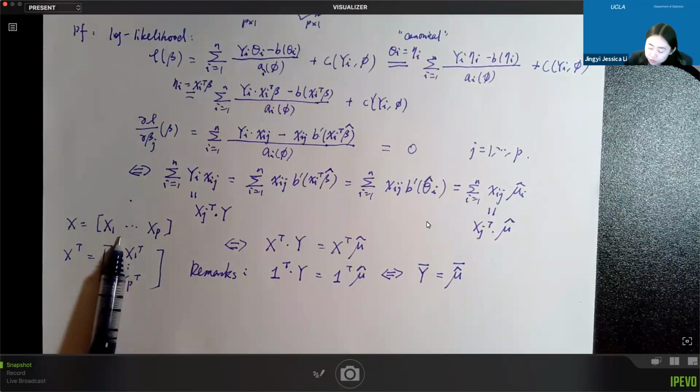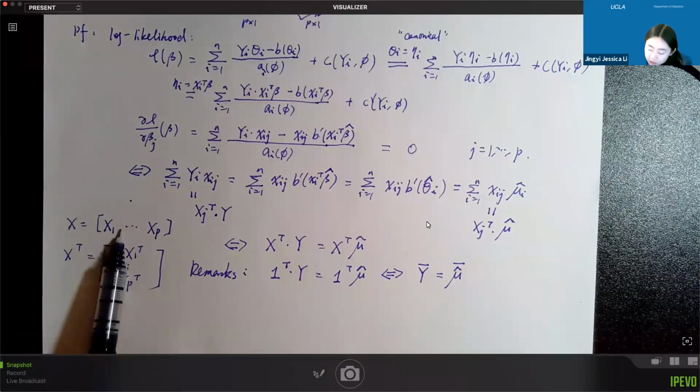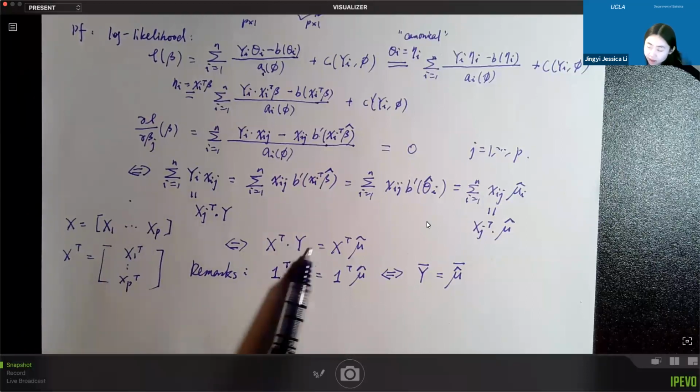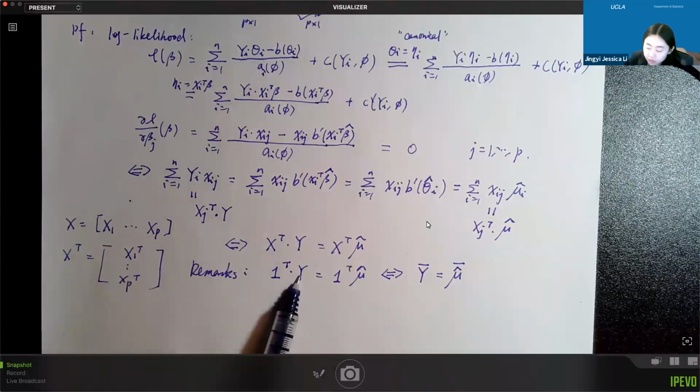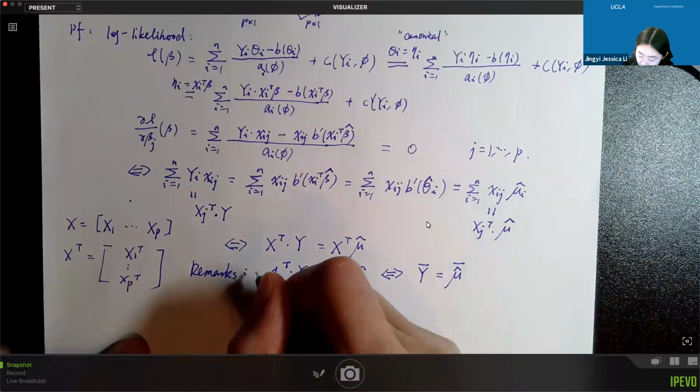That column will give zeros to observations in level 1 and ones to observations in level 2. Then you can show that by multiplying that column's transpose with y and with mu hat, within each level the sum of the y's will be equal to the sum of the mu hats. So let's say this is the general thing.